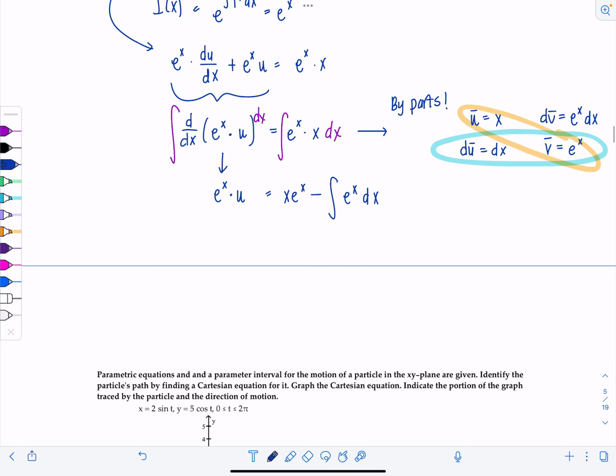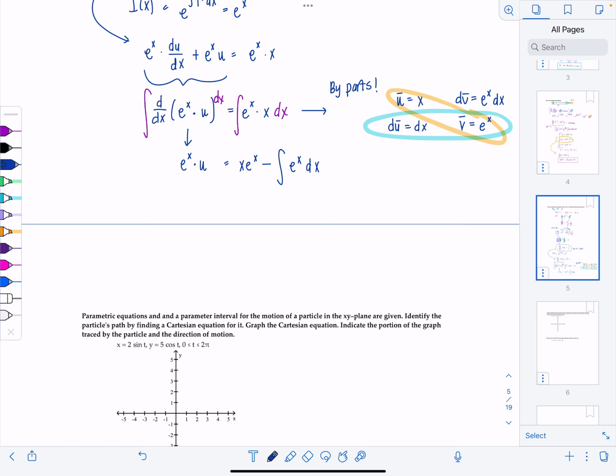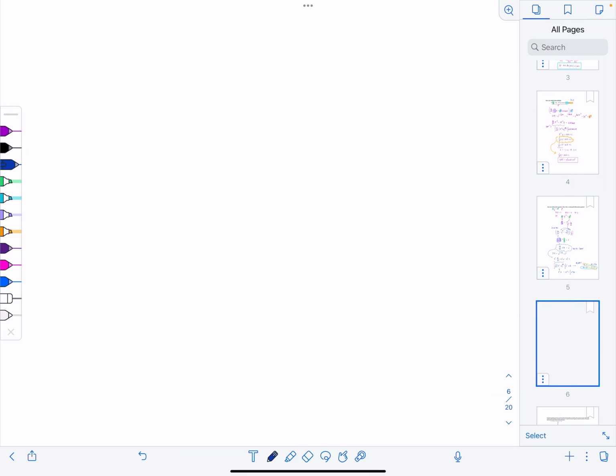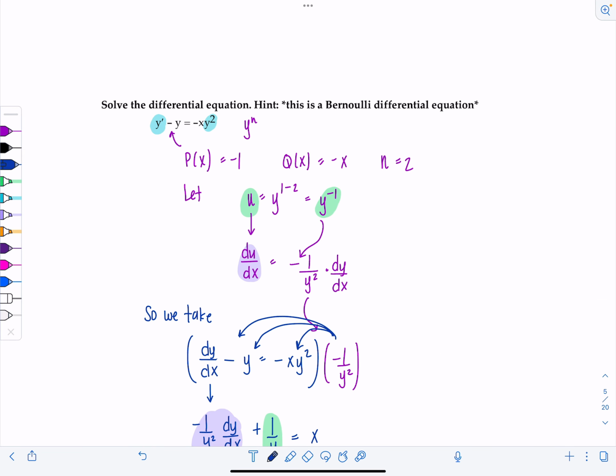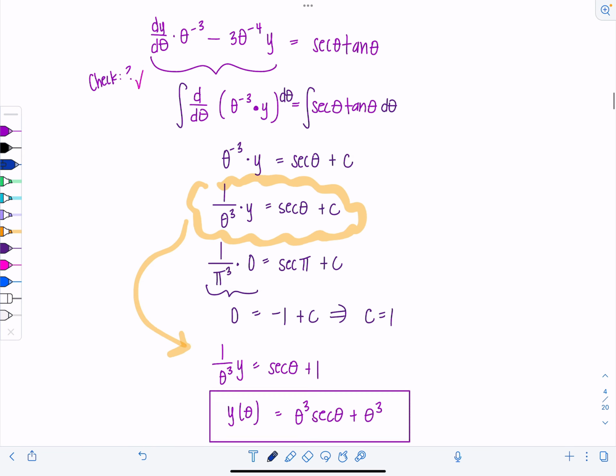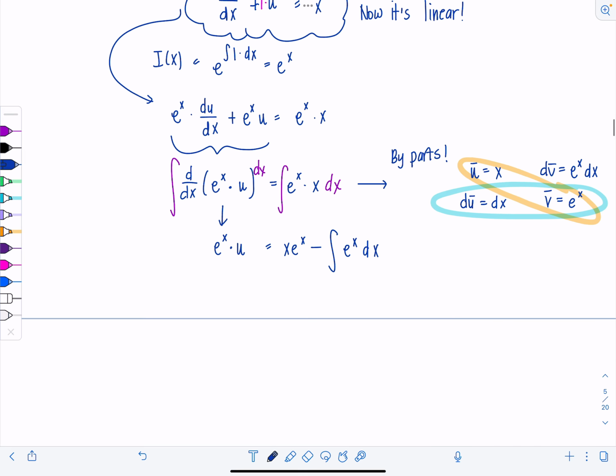Good, we're almost there. So this is e to the x times u equals x e to the x minus e to the x plus c.